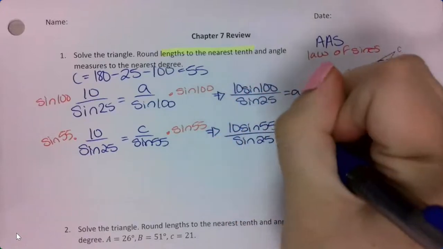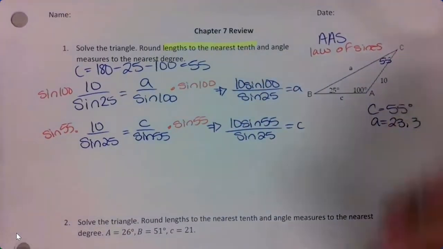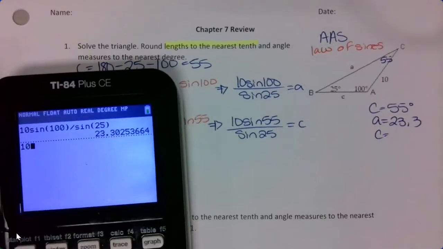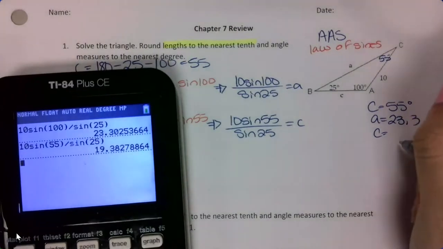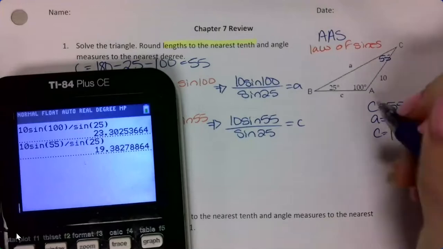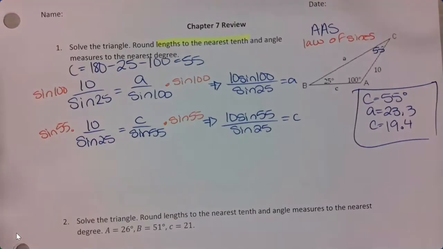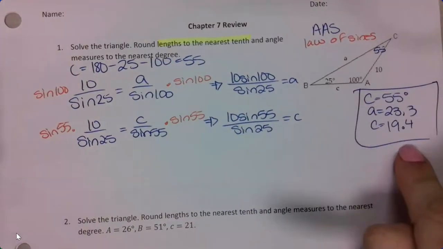And this should give me the letter C, side length. So I'm going to go ahead and type this into the calculator. 10 sine of 55 divided by sine of 25 gets me 19.4. Okay, so on the test, this problem, if it appears, would be worth 3 points because I have 3 answers.